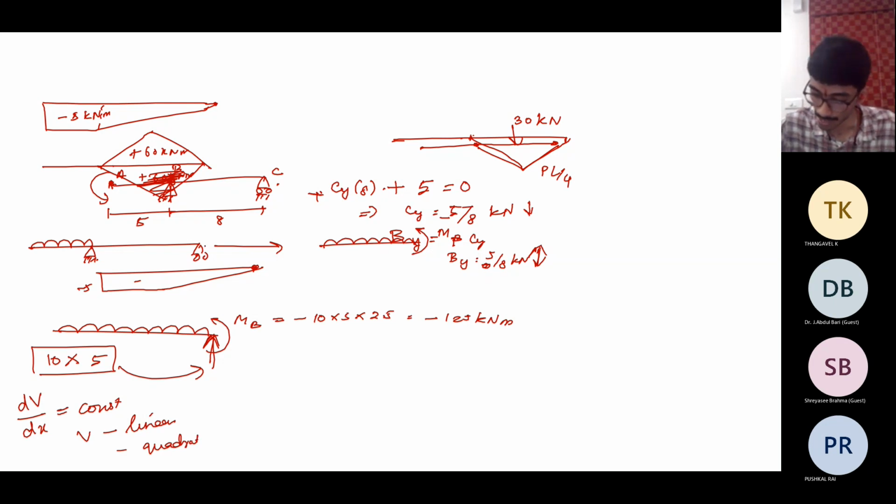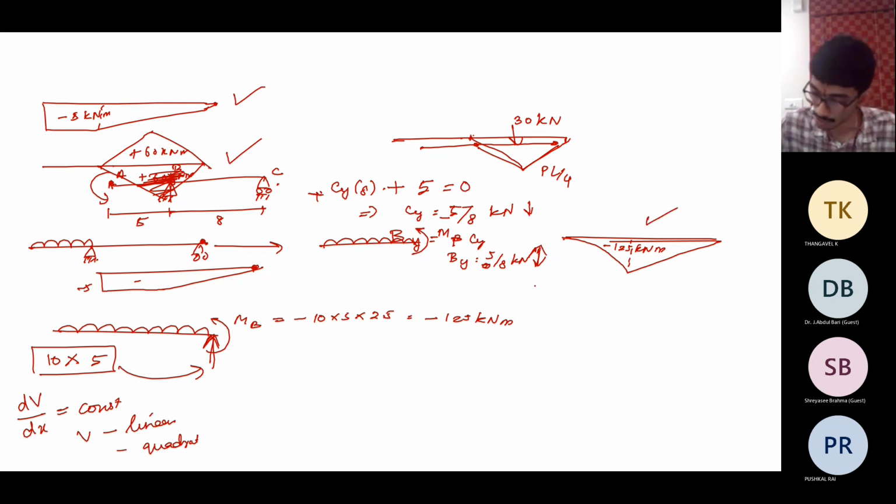And again, the moment should be 0 right here. The loading that you get in this case will be: it increases quadratically up to a point of 125, like this, and then it goes back to 0. So superpose this one and this one.